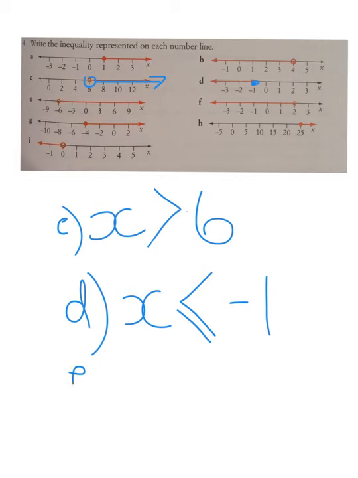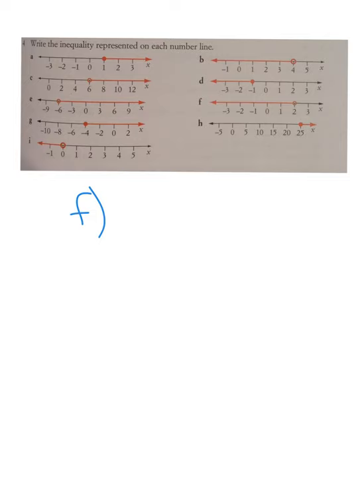Okay, in question E, it's an open face and it's -6 and it's greater than. So X is going to be greater than -6. So it can be anything above that. Okay, in F, open face again, and it's less than. So that means that X is less than 2.